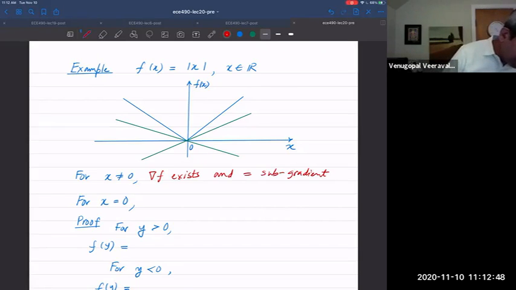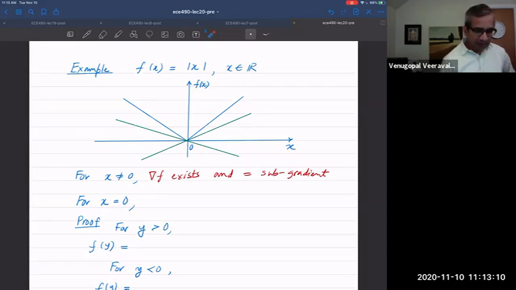So the only point that we have to worry about is the origin, 0. There I've drawn two green lines, and both of these lines underestimate this convex function.